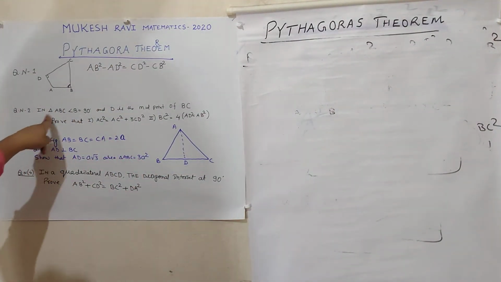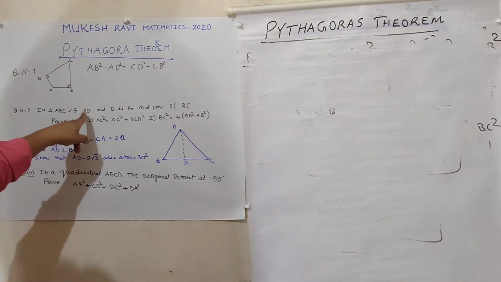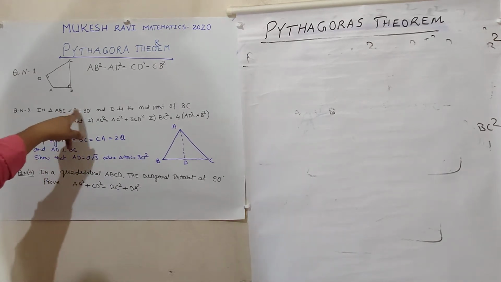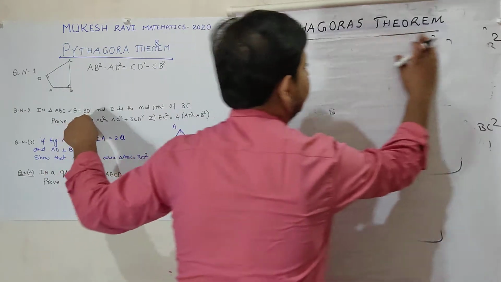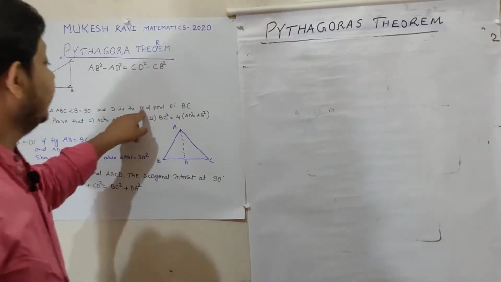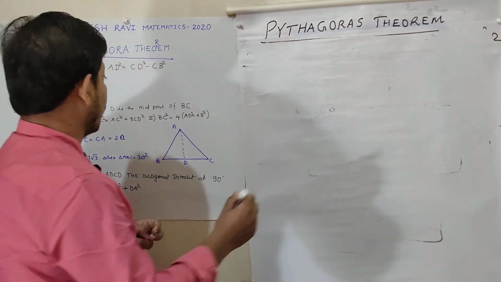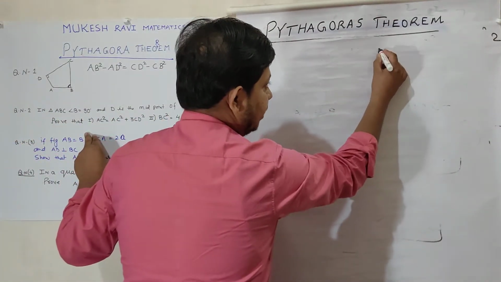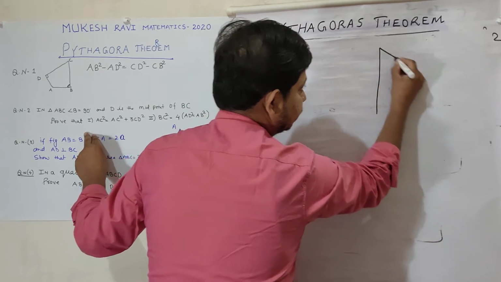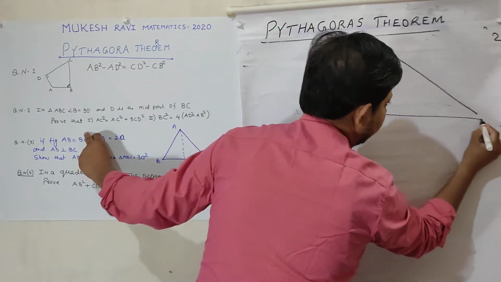Second question. In triangle ABC, suppose a triangle ABC where angle B is 90 degrees and D is the midpoint of BC. Suppose this is the figure.